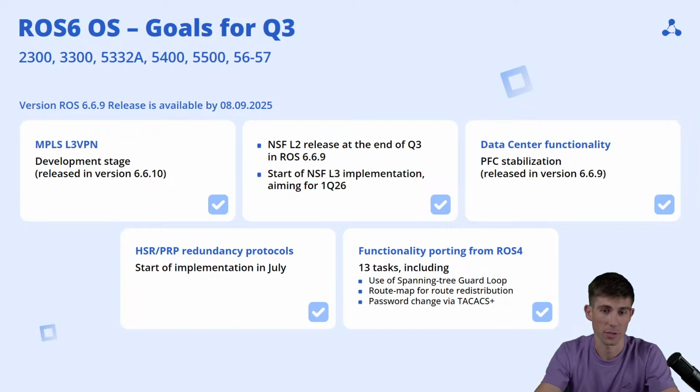Data center functionality, the PFC stabilization is ongoing and due to be released at the end of the quarter. The protocols for seamless redundancy, HSR and PRP, is something we are working on at the moment.